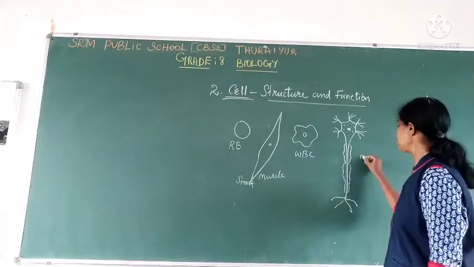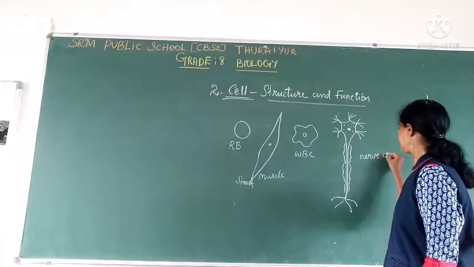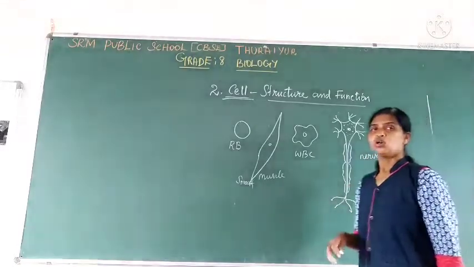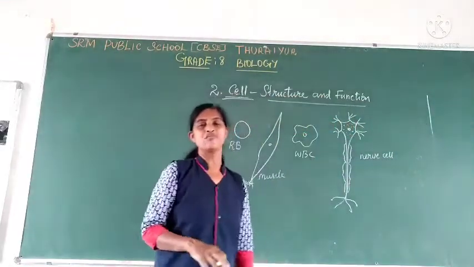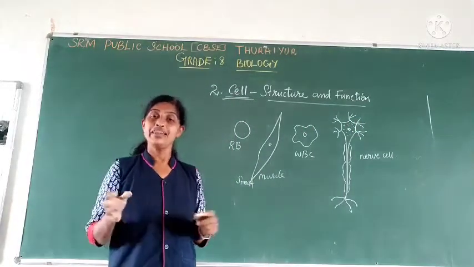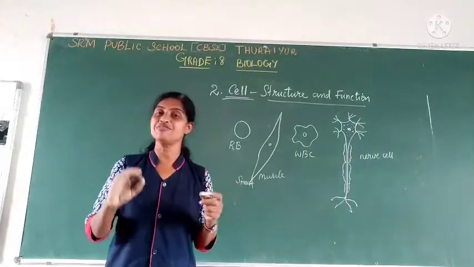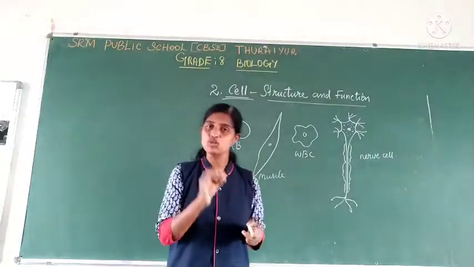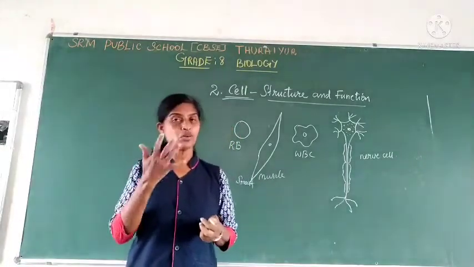So this is the nerve cell. So cells have different shapes, and the cells also come in different sizes. Some are too small that we cannot see them with our eyes.